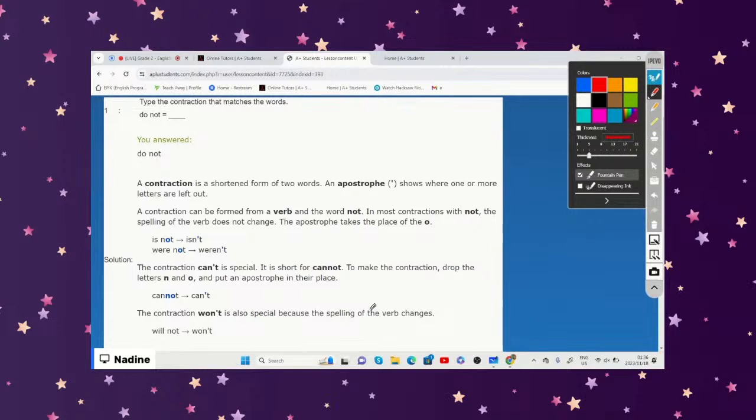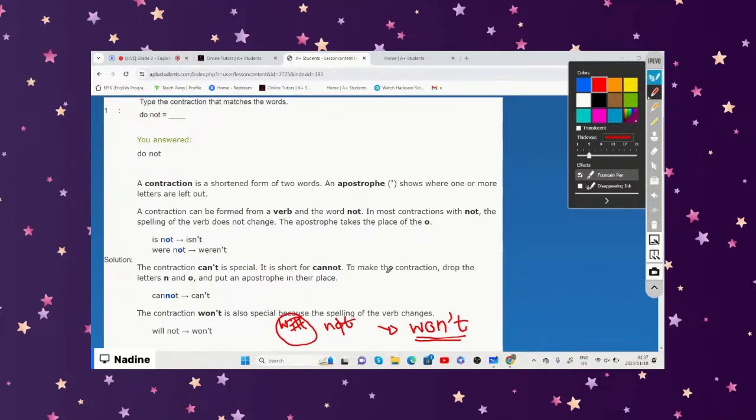If we have will not, by will we basically bring our W only, and the I and L is going to change into an O. Now when we bring our N and our T from not, we still remove the O of not, put the apostrophe in its place, and bring our T. Then we have won't, which means that the verb had changed.